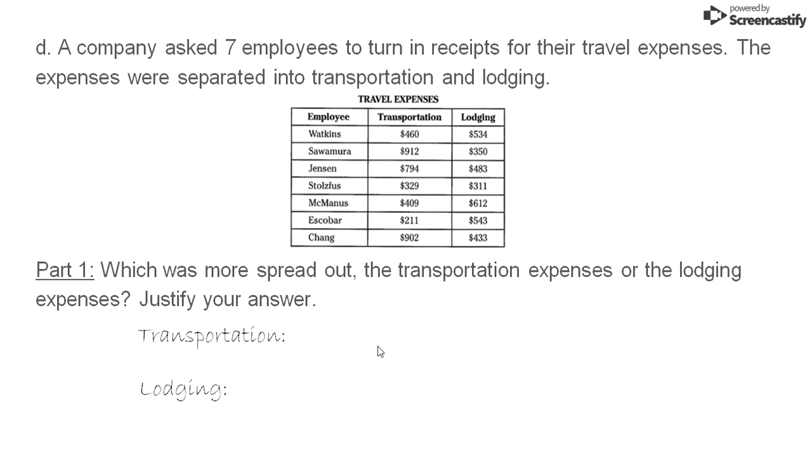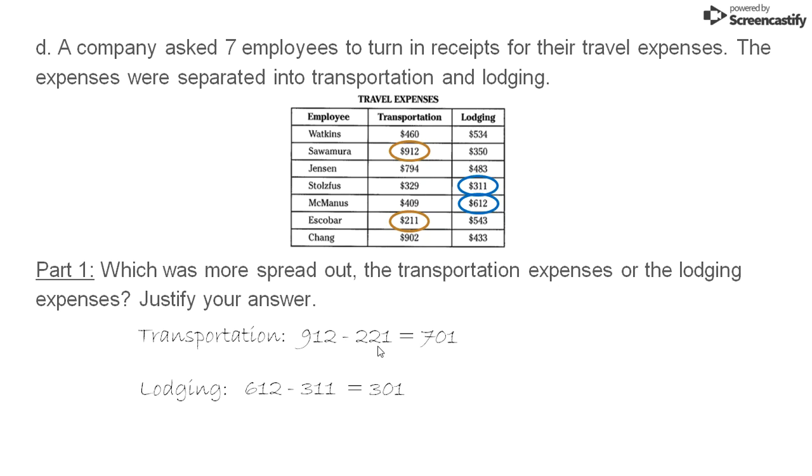Okay, they are unrelated. So for transportation, you need to find the highest expense and the lowest expense. We will take those, we will subtract them, and you will get 701. Doing the same thing for lodging, we find the highest and the lowest, subtract them, and we get 301.